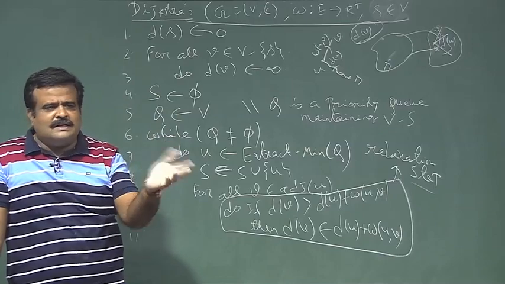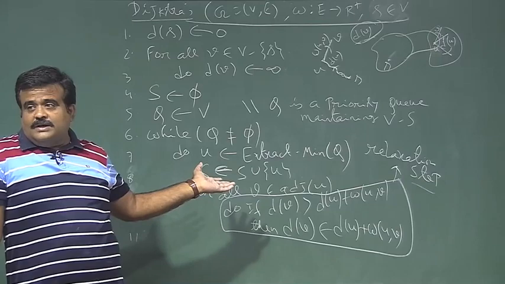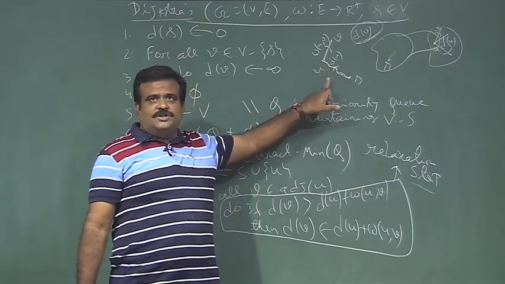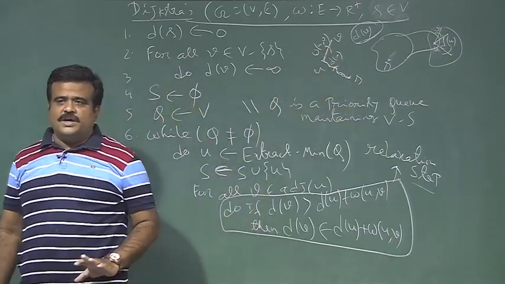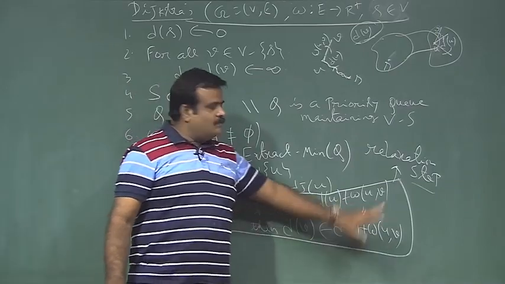It is initialized by infinity, because initially nothing has been explored. Now, we have a new path. What is that path? We go from S to U with cost d of U, then we take the direct edge W of U,V, and the weight of that path is d of U plus W of U,V.